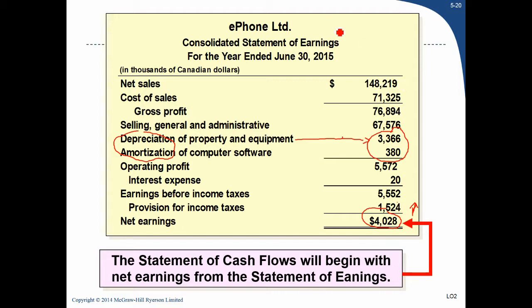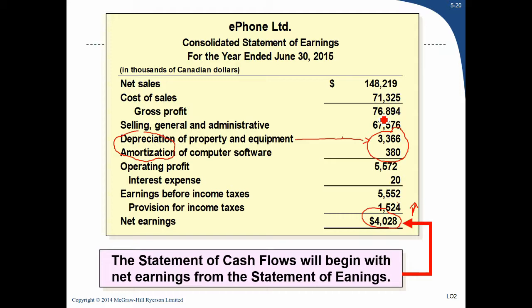And we paid $71 million for inventory. And for selling, general and admin expenses, we paid 67 million. Let's assume everything else occurred in cash except for depreciation and amortization. So we want to see how net income would look if we only accounted for the cash transactions.